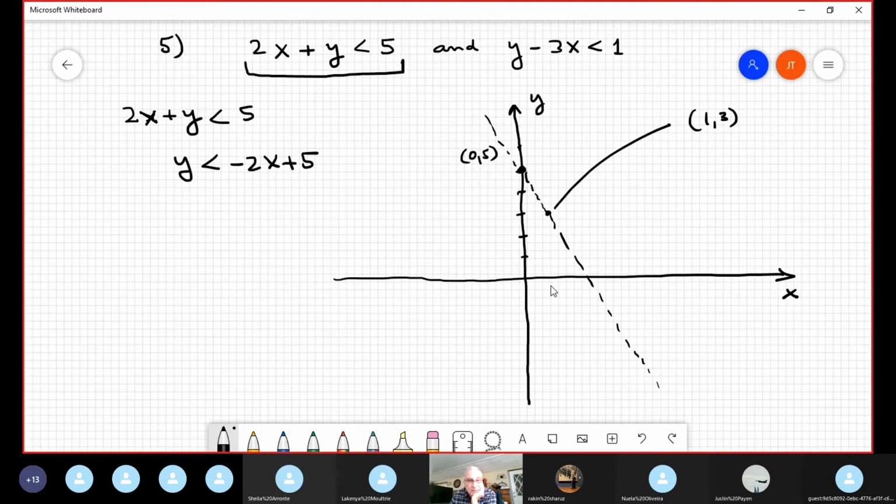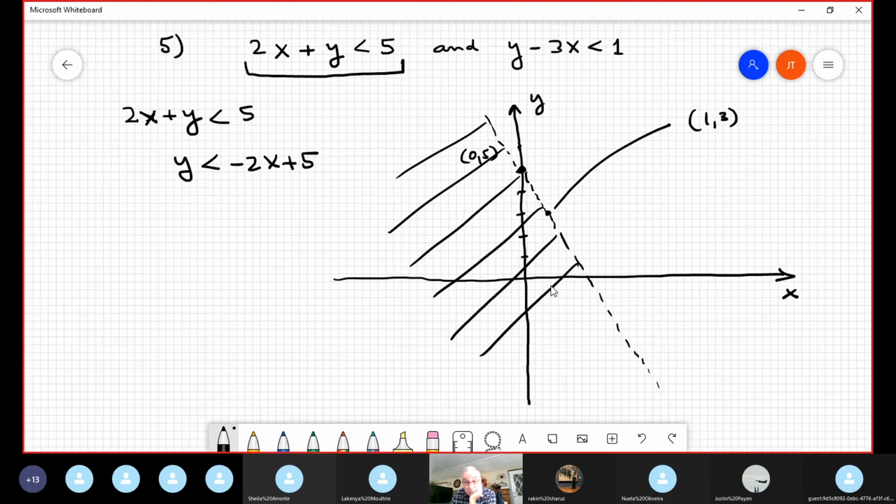And you shade below because less than is below. I want to do it this way because this is not the final answer. This is only the partial answer of the first inequality, the first part.